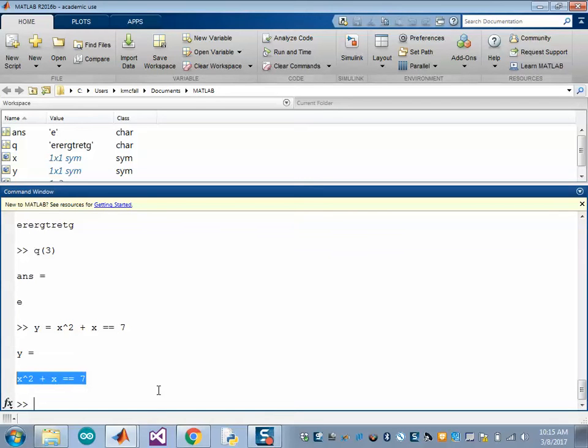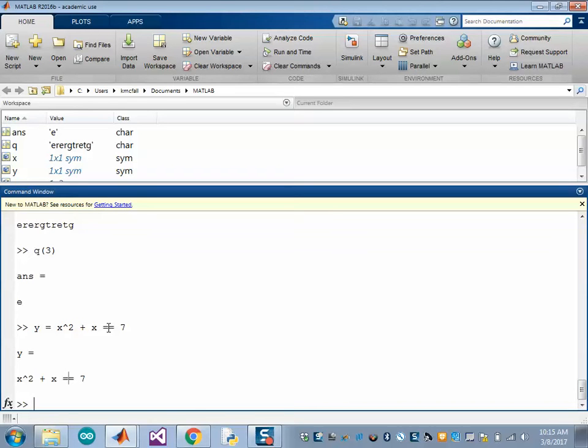Y is the equation x squared plus x equals 7. If I want to set y equal to the equation, I use the single equal sign as the assignment operator. So I can't use the single equal sign to say that I have one side of the equation and the other side of the equation. So they said, well, if I can't use the assignment operator single equals, I'll just use the double equal symbol. It just gets a little confusing.